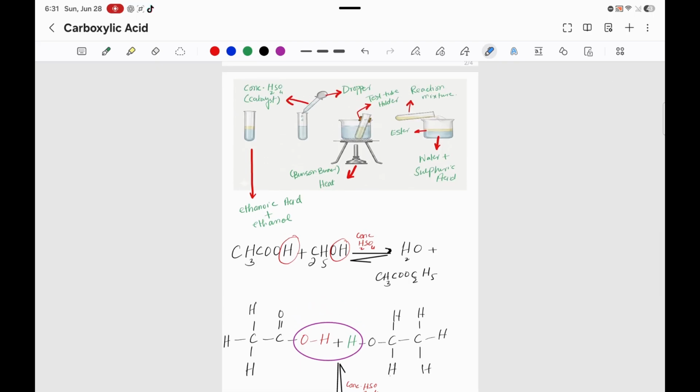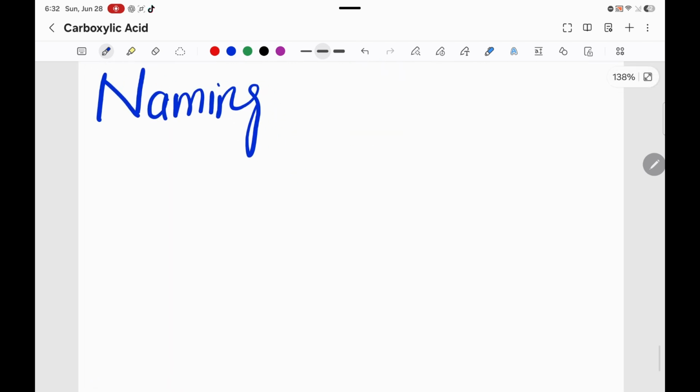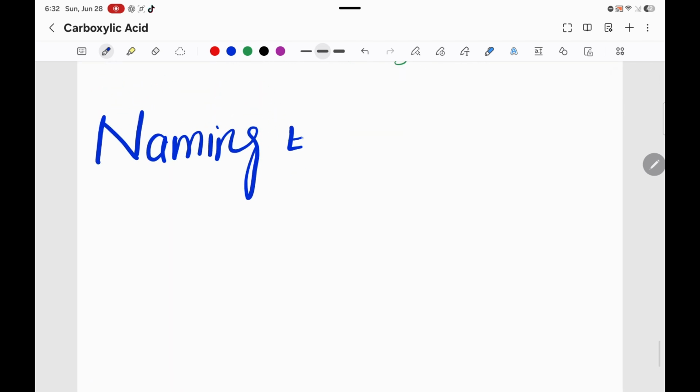Now let's understand how we name the esters. So the next heading would be naming esters.